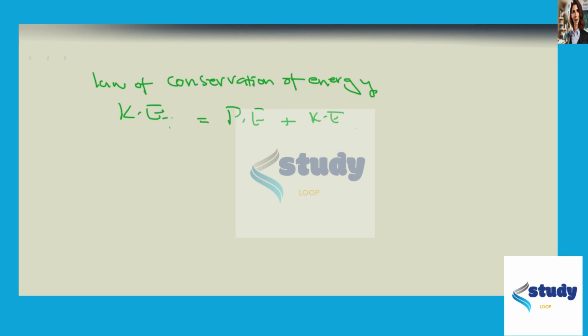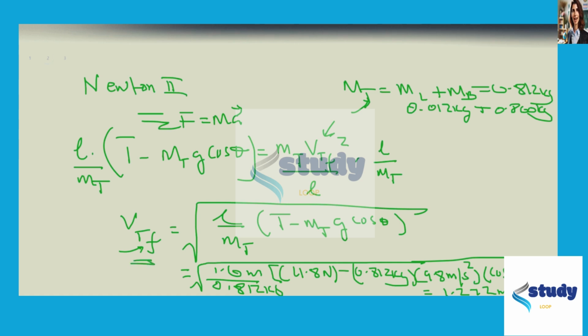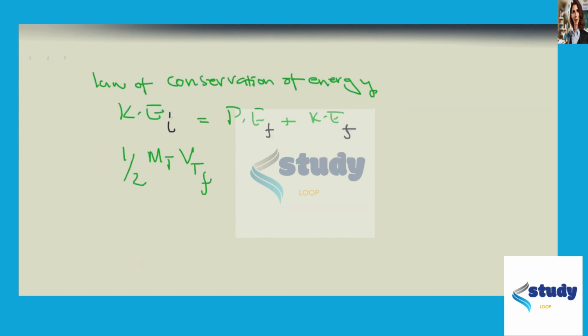So the initial kinetic energy equals the final potential energy plus the final kinetic energy. It's split like that. So this is 1/2 mt, the total mass of the block and the bullet, times the total final velocity squared, which we got right here, equals the potential energy, which is mt gh.